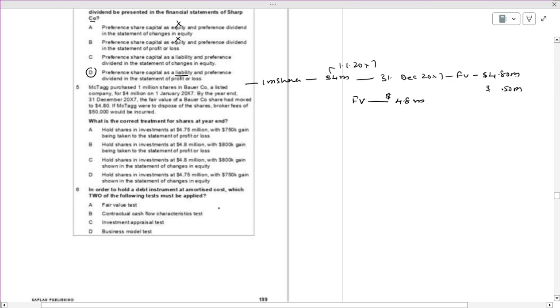Short term. By the year end, the fair value has moved. If Mr. Tag disposes of the shares, or if they think about selling off, it is going to be short term.